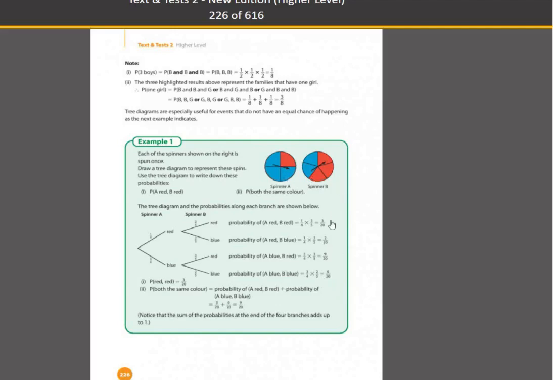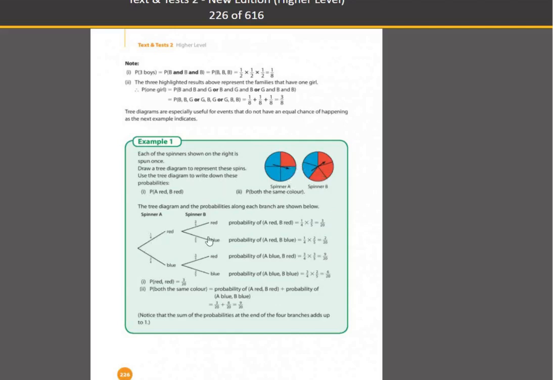What is the probability of getting two reds? Well, it is 1/4 multiplied by 3/5, which is 3 in 20, or 15%. So you have a 15% chance here of getting two reds.